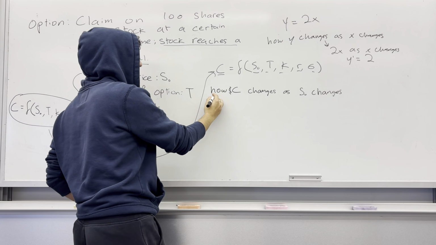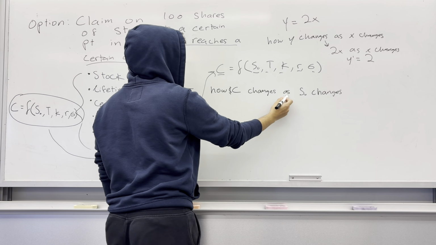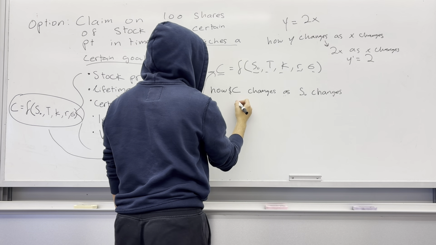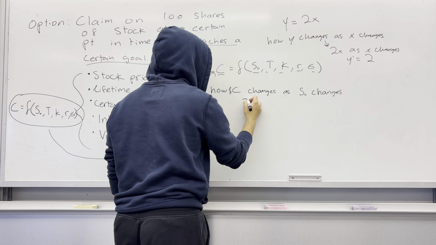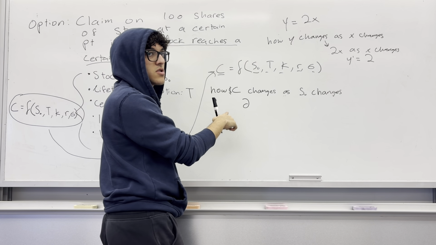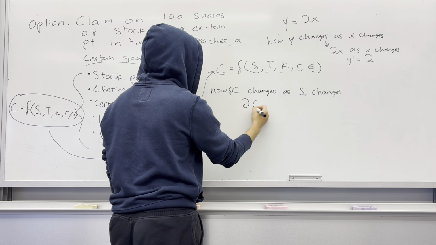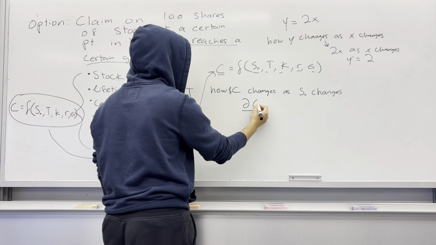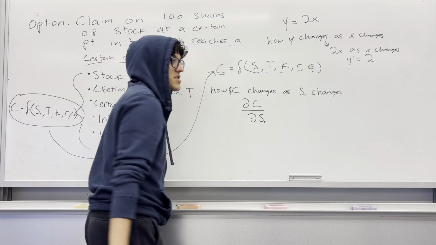So how the call price changes as the stock price changes. Since there are multiple variables here, we use a special notation, this curly D. So the price of the call as the price of the stock changes.